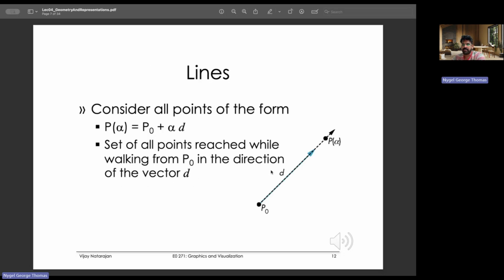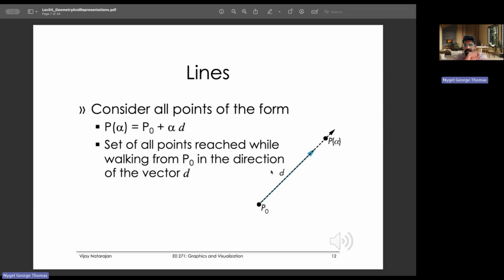Okay, let's look at the basic geometry, which is lines. The representation of lines in graphics is by using an affine combination of a point and a vector. P of alpha, where alpha is a parameter which parameterizes how far we are along the line, is given by a point P0 plus alpha times d, where d is the direction vector. The set of all points reached while walking from P0 in the direction of vector d constitutes a line.